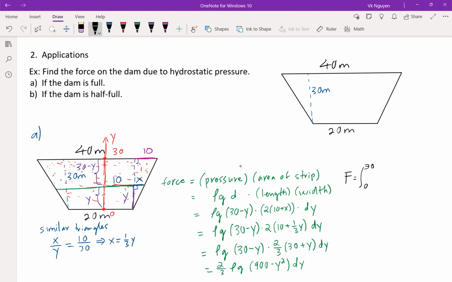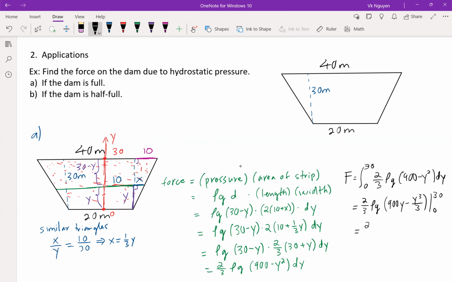In here is 2 over 3 rho g, 900 minus y squared dy, which is 2 over 3 rho g, 900y minus y cubed over 3, evaluated from 0 to 30.